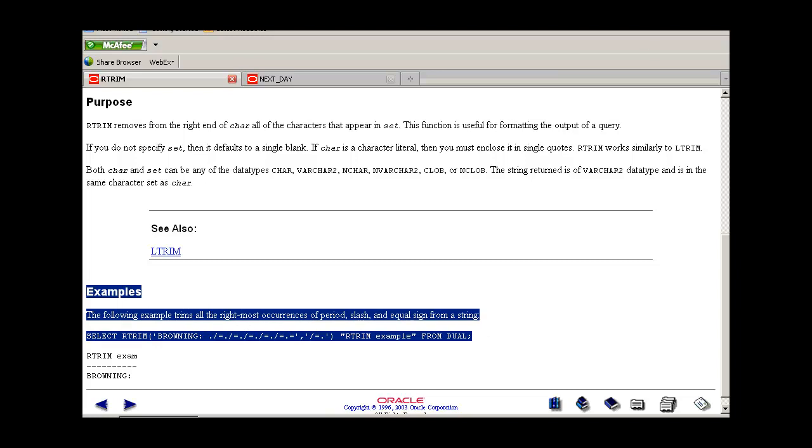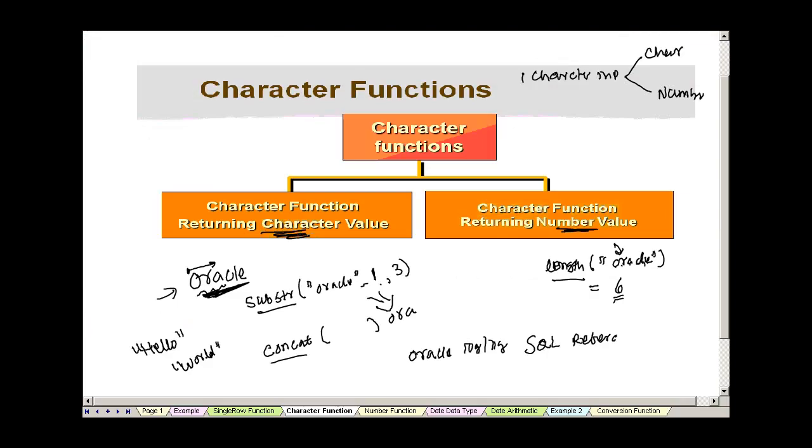So the idea is this: first find out your requirement of the query, what you want to achieve, and then go to the Oracle SQL reference material and see if there is a function that can do it.